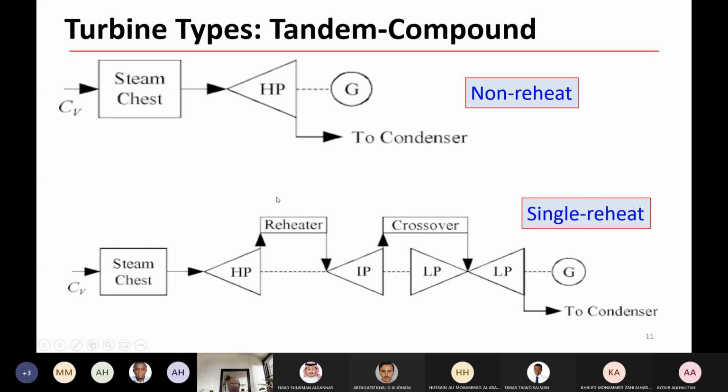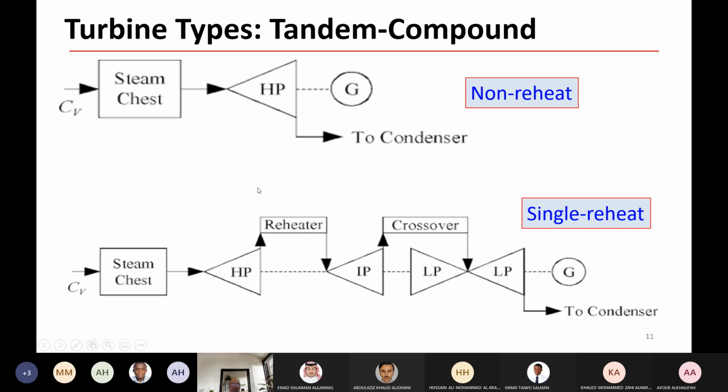Of course, reheat means we have a delay, so this will affect the dynamics. The crossover also means we have a delay here.